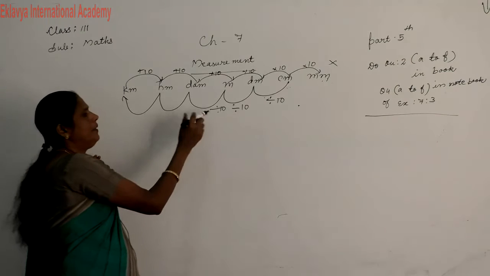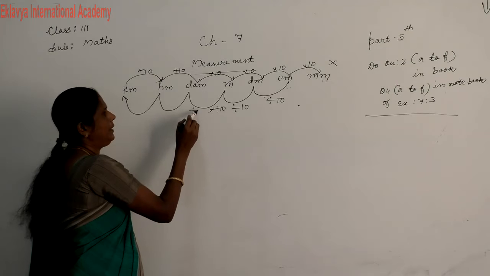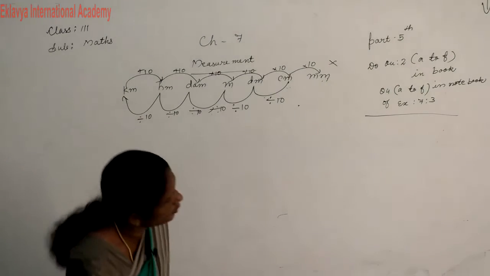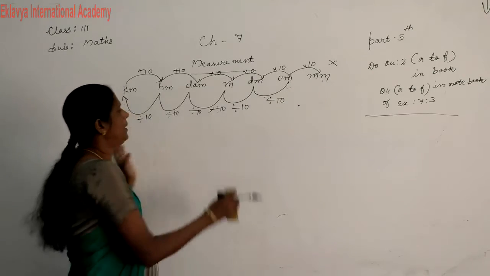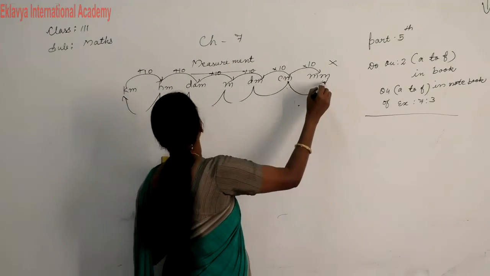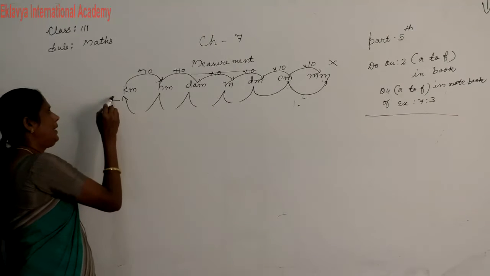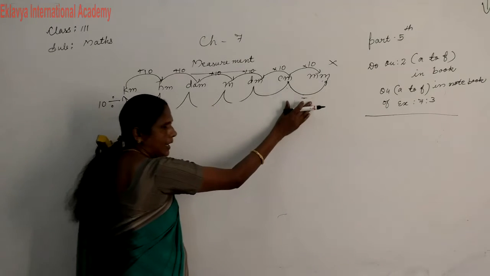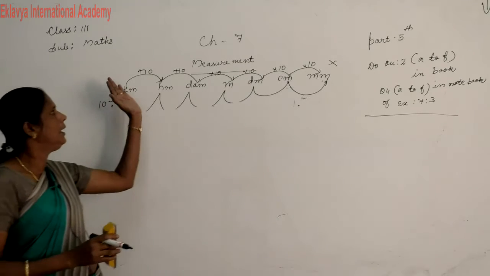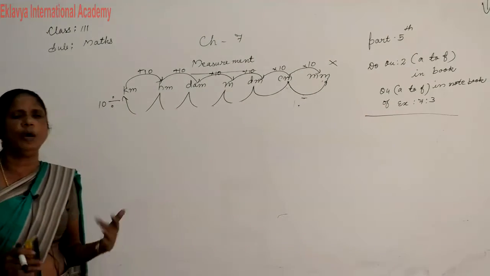Then again here we divide by 10, and here also we divide by 10. Smaller to bigger, we divide according to your unit. Right to left we divide, and left to right we multiply according to our unit.